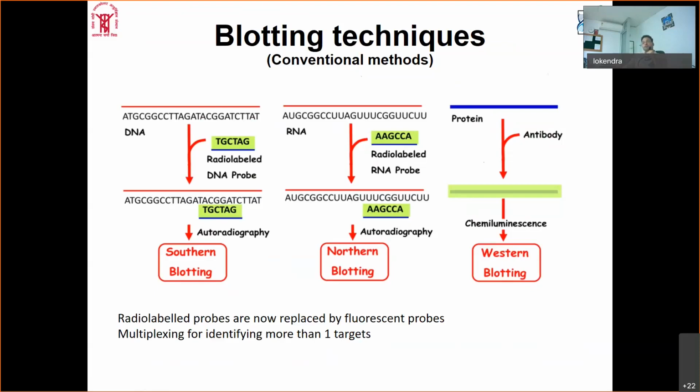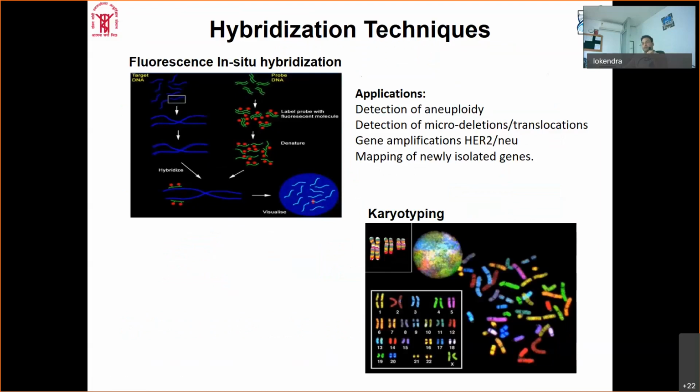Now coming on to the third part, which is your hybridization technique. In hybridization, one of the major areas is fluorescence in situ hybridization. In this case again, it's similar to southern hybridization, but you are hybridizing directly with the chromosomes.